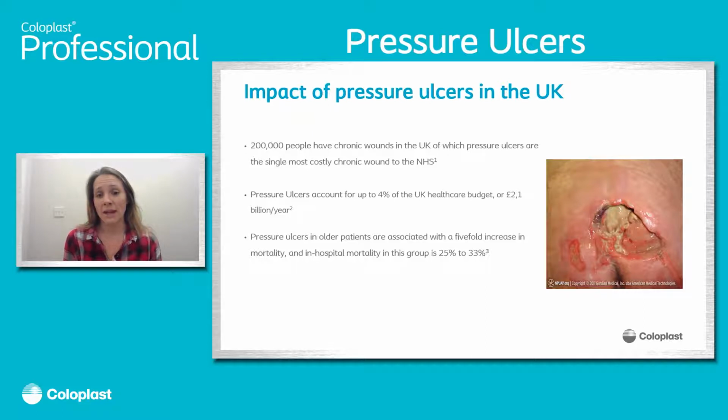And actually, latest research has shown that that figure has only increased. More than 200,000 people have chronic wounds, of which pressure ulcers are the single most costly within that category of chronic wounds. So a huge financial implication for the NHS and for our services.